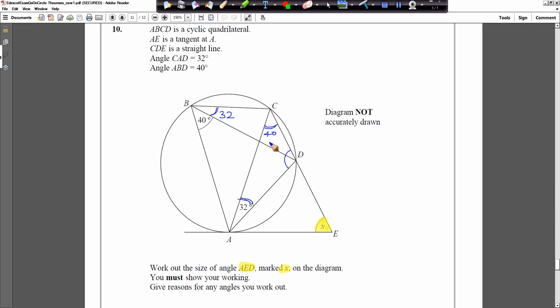Take away from 180. That's right. That'll give you 108 degrees. If that one's 108, what will this one be? 72, isn't it? Because angles on a straight line add to 180, is that right? That's 72. So we're slowly moving ourselves around the shape.